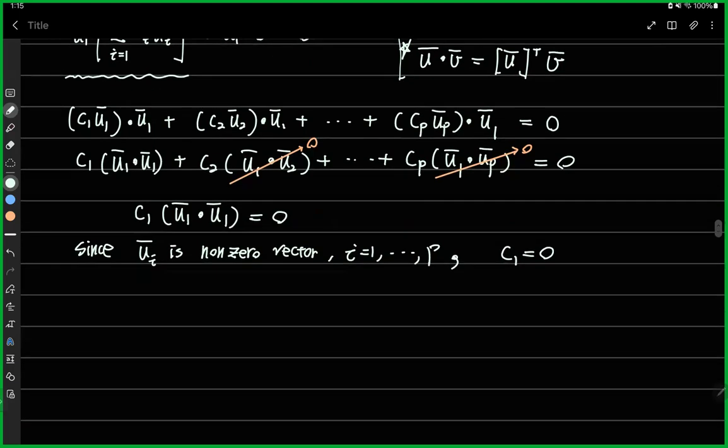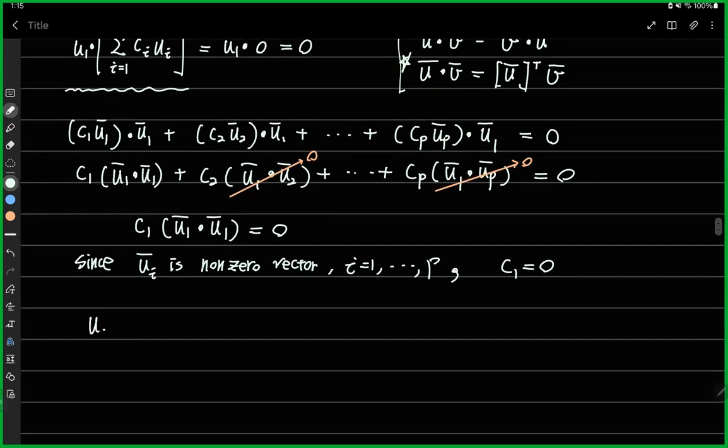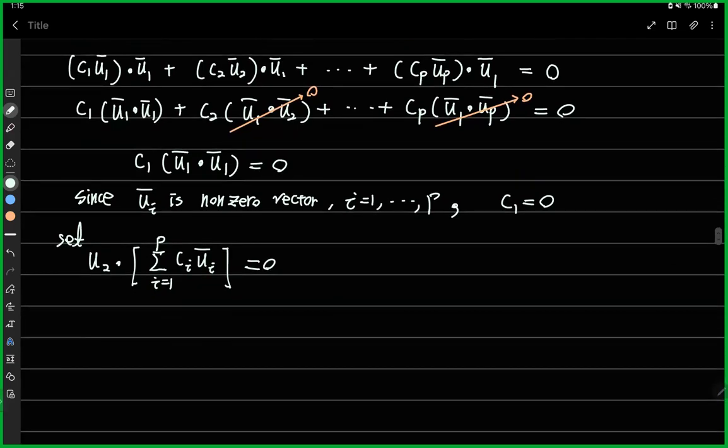Similarly, we do this with U2 dot the sum over i from 1 through P of Ci Ui equals 0, and then through UP dot the sum over i from 1 through P of Ci Ui equals 0.